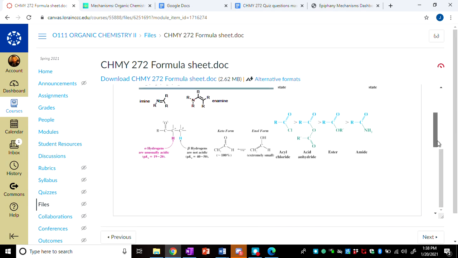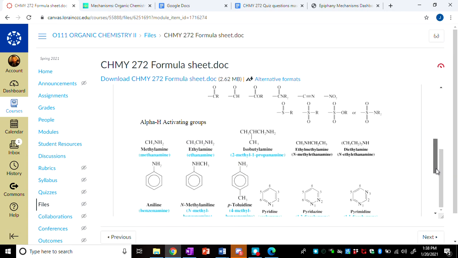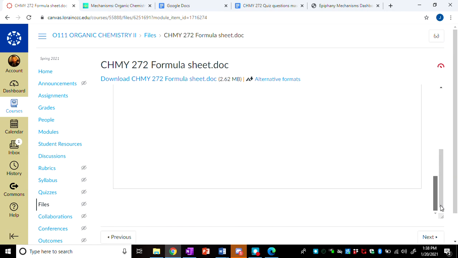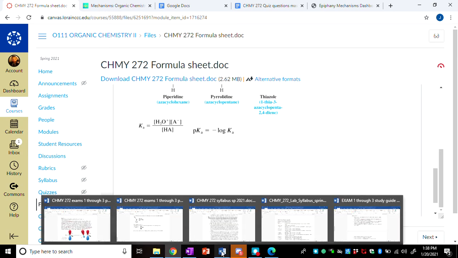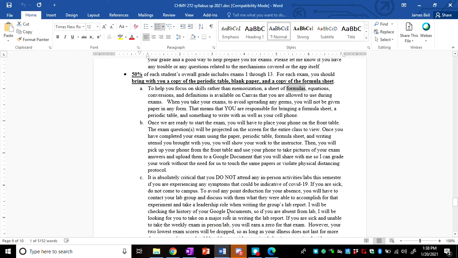It's just there so you don't have to memorize things. If you print those out and bring them to the exams, you can access them when answering the exam questions. That may or may not be helpful depending on the question, so you definitely want to print those and bring them with you for all the exams. You can bring a periodic table.